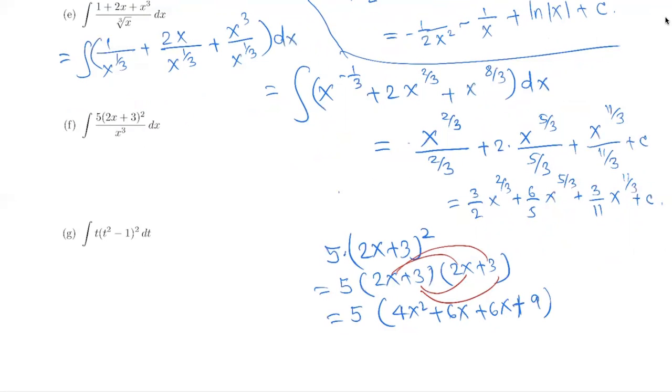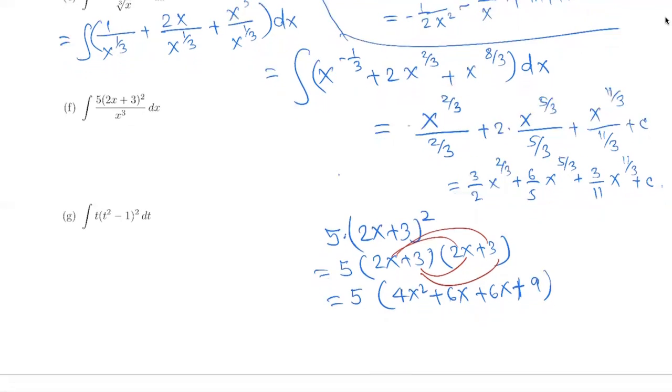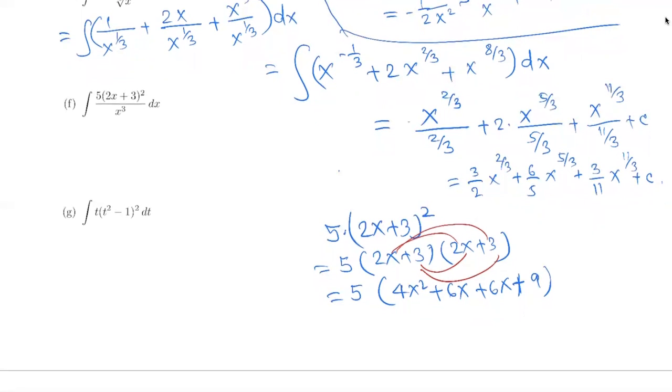You can combine these two. But 4x squared is not. You cannot combine it with other terms, okay? When you combine variables, you need to add only like terms. So this is 12x, this is 5 times (4x squared plus 12x plus 9).